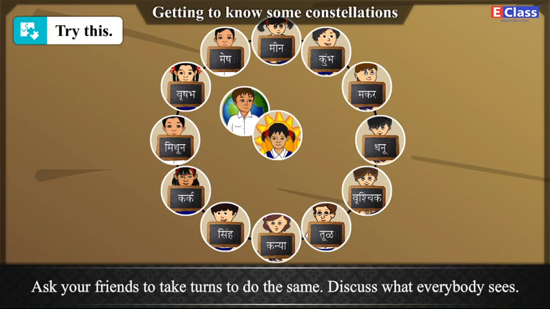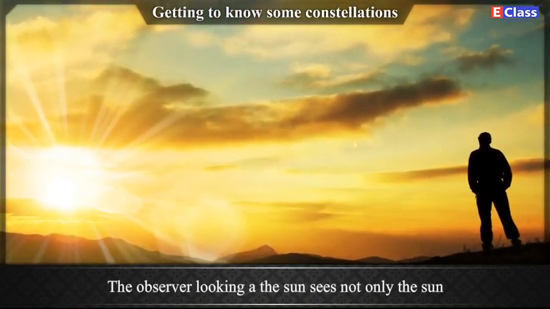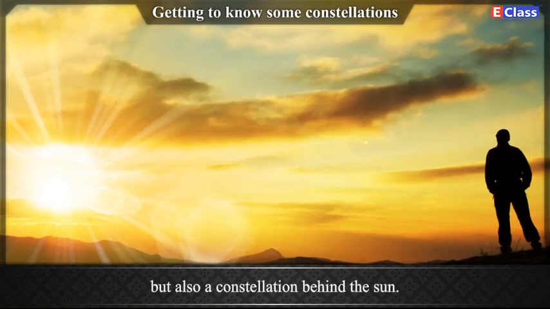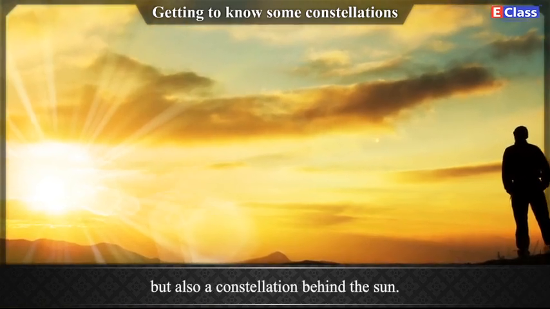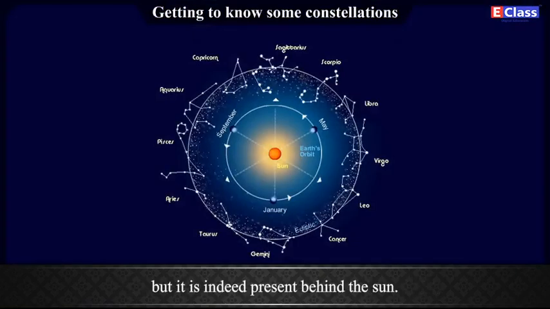Discuss what everybody sees. The observer looking at the sun sees not only the sun, but also a constellation behind the sun. The constellation cannot be seen in bright sunlight, but it is indeed present behind the sun.